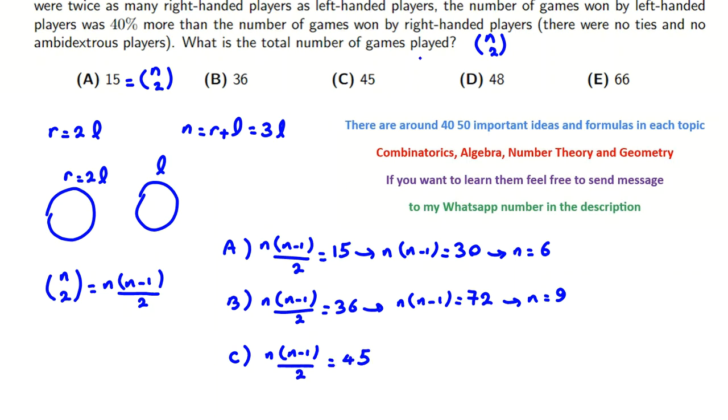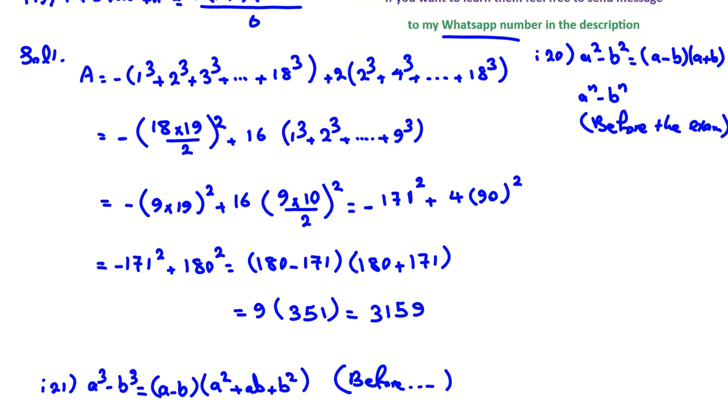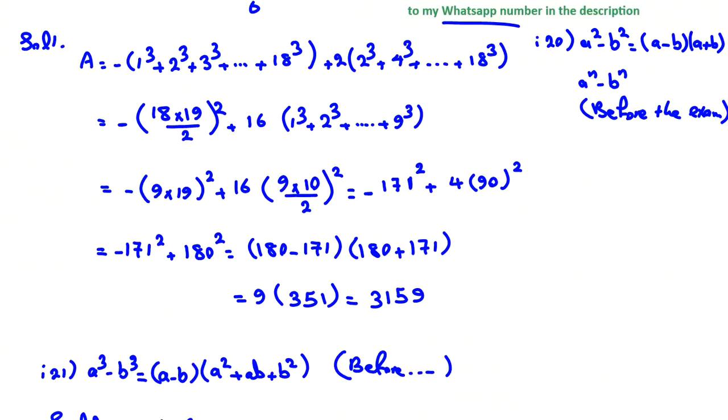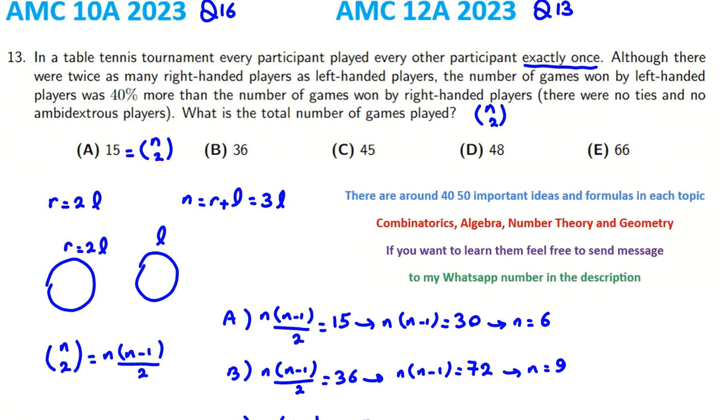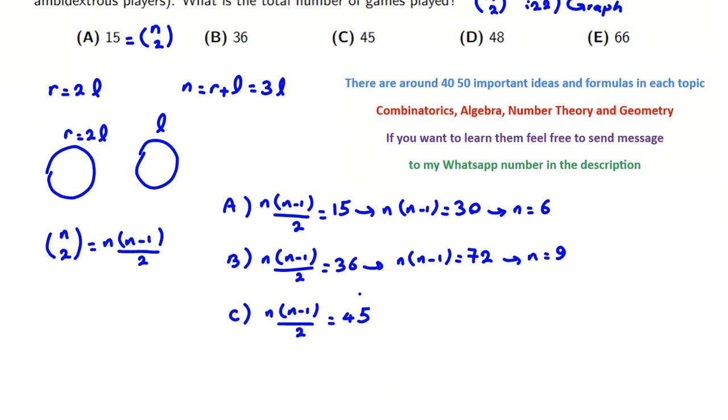In graphs, we have this idea: in a tournament, we have N choose 2 games. So N times N minus 1 equals 90, so N equals 10. But this doesn't work because N should be 3L, so we can reject choice C.